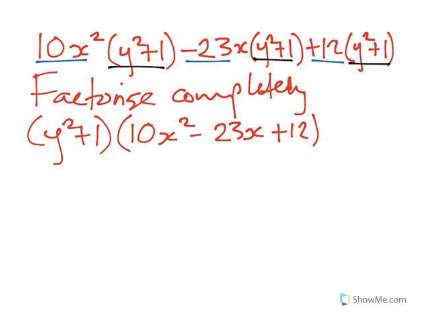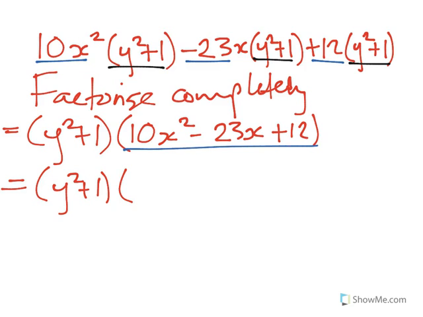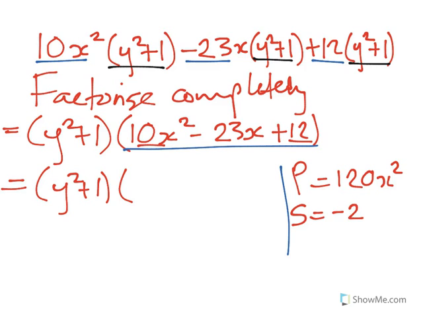We have then to factorize this. Remember, we are looking for numbers in which the product is this number times that number, which is 120x squared, and the sum is minus 23x.